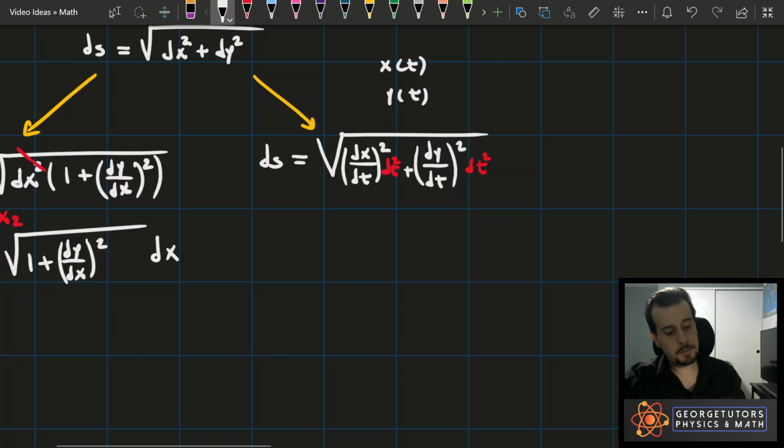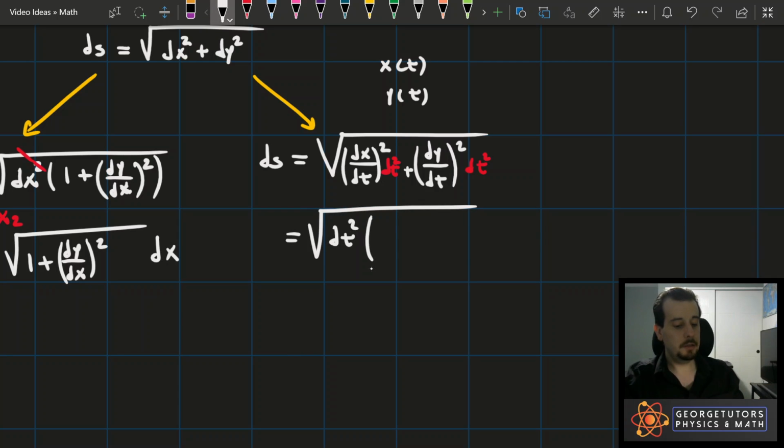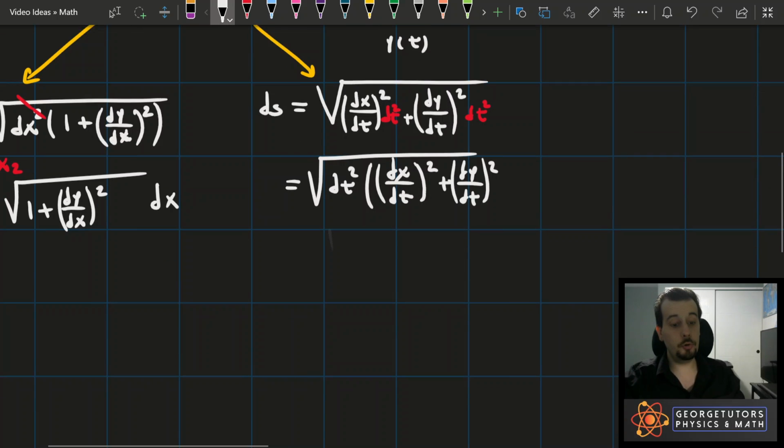Right, so the next step here would be basically to factor the dt squared, leaving me with the derivative of x with respect to t squared, plus the derivative of y with respect to t, also squared, under the square root.